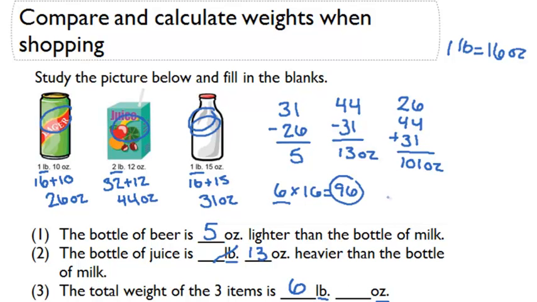Now I'm going to have to subtract to see how many ounces I have left over. So I'm going to do 101 minus 96, and I'm going to find that I have 5 ounces left over. So the total weight of all of my juice, beer, and milk is 6 pounds and 5 ounces.